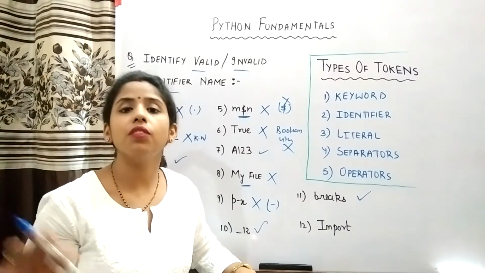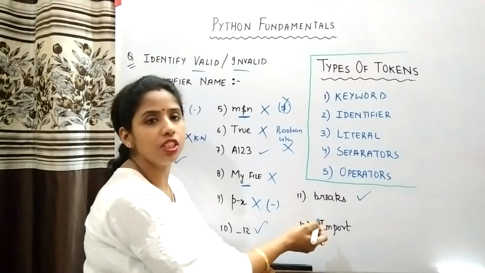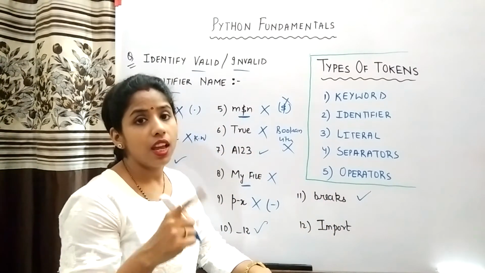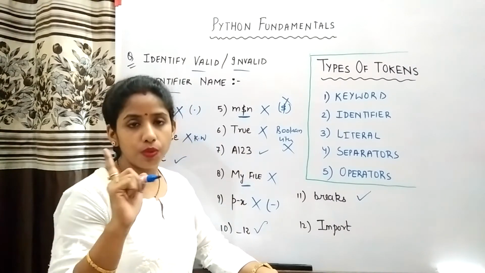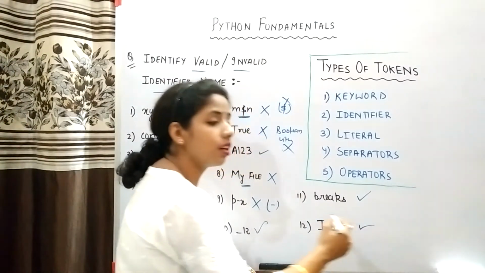Remember that all the keywords of the Python language are in small letters only. So if you make a small change, you can simply use it as an identifier name, but not exactly as a keyword.